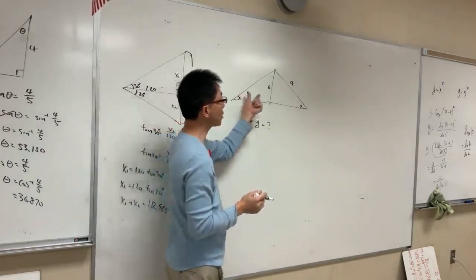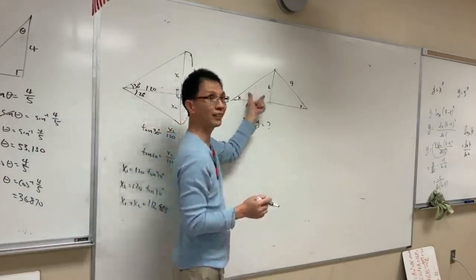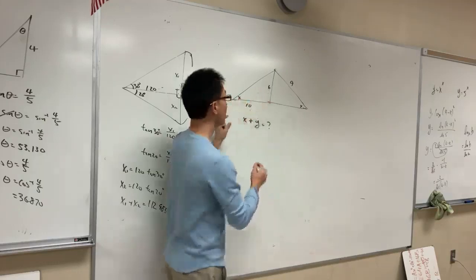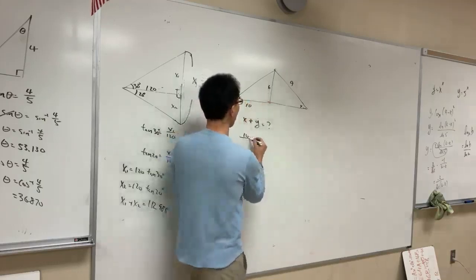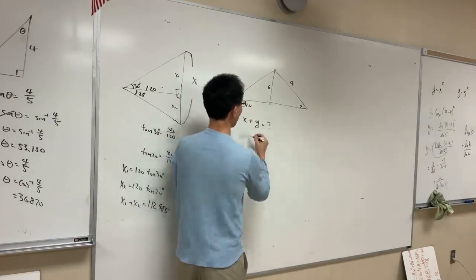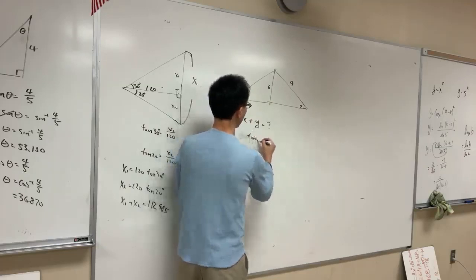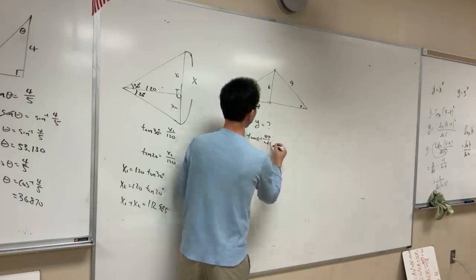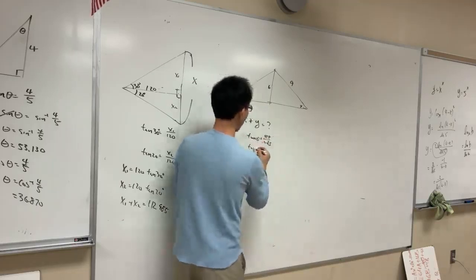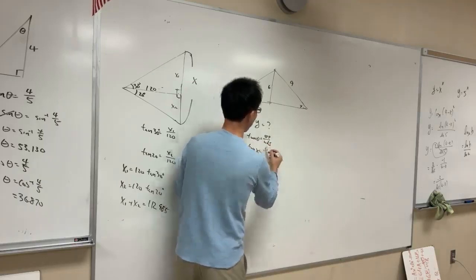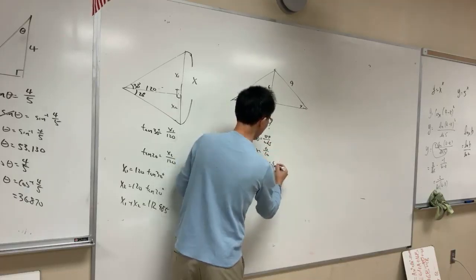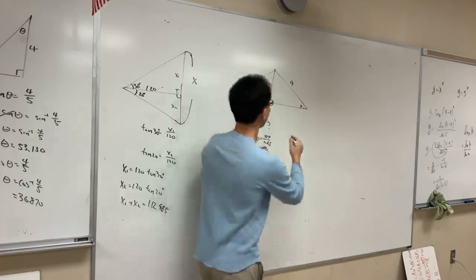Now I'm going to use this one. I'm going to use the arctan because we're trying to find the angle x. So tangent of theta is equal to opposite over adjacent, right? In this case, tangent of x is equal to 6 over 10. x is equal to tangent inverse of 6 over 10, which equals 30.